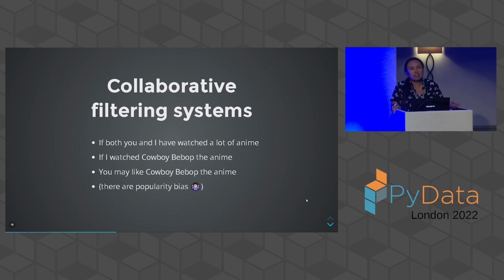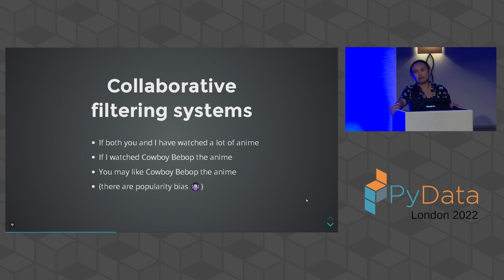So if I watch an anime and I think it's good, like Cowboy Bebop, then maybe it will get recommended to you. It mimics the real world: if I like certain things, and I have friends who like certain things, what will I recommend to my friend, right? So that's more like a collaborative filtering system. There are more user ratings involved.